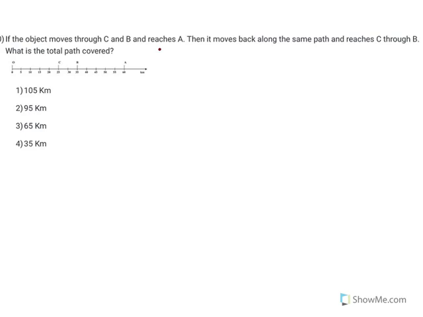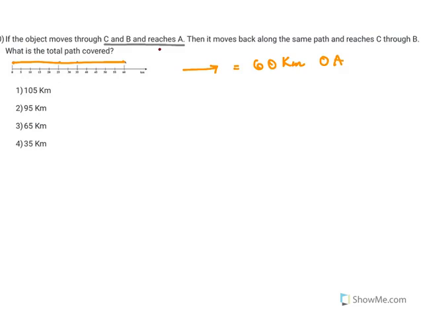If the body moves through C and B and reaches A, so let's take that up. So the body starts at this point O and it goes straight down B, C and reaches A. So here it has moved, if you see, 60 kilometers. When it goes up like this, it has moved 60 kilometers. It is covered OA.